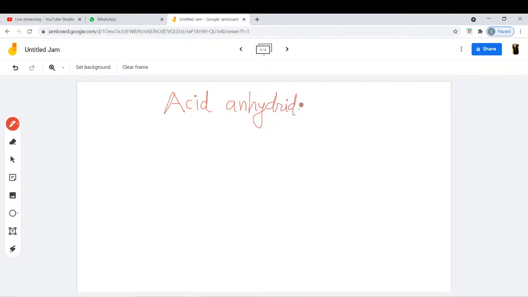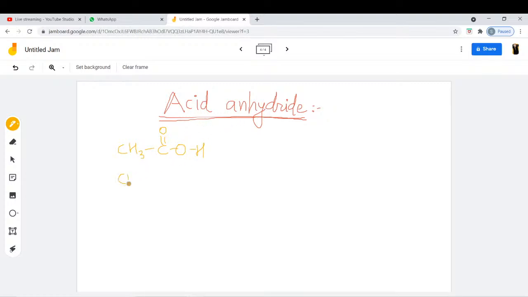Acid anhydride. A few things about acid anhydrides I want to share with you. For example, let me introduce you: acetic acid, which you know very well, CH3COOH. How are acid anhydrides formed?